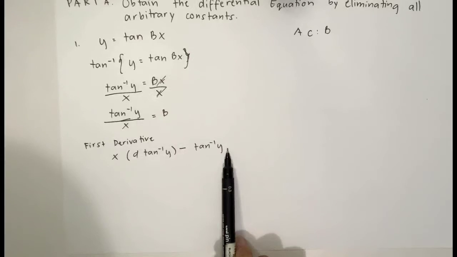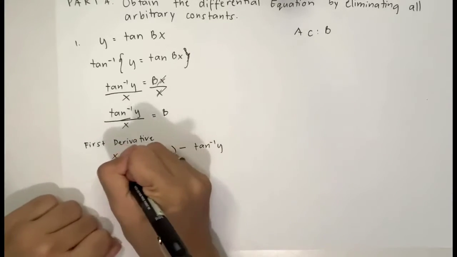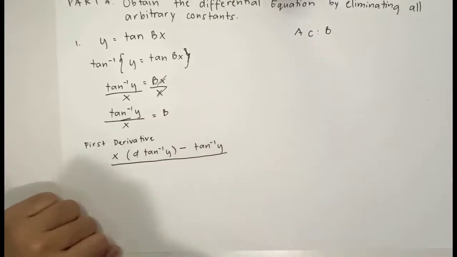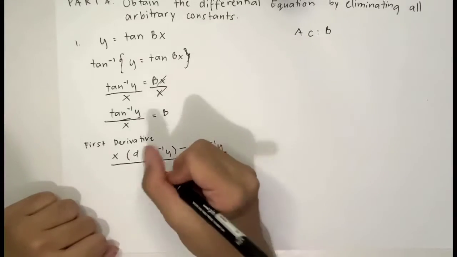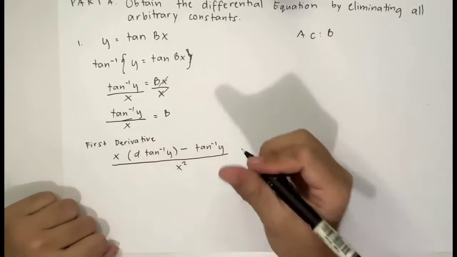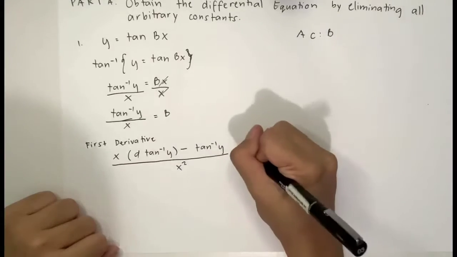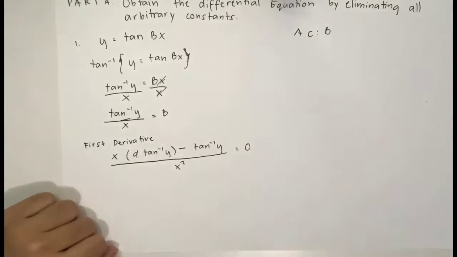Since it's only 1, hindi na natin siya ilalagay dito, because ganun pa rin naman. And then, all over the square of the denominator, which is x squared, is equal to, since b is constant, its derivative is 0.